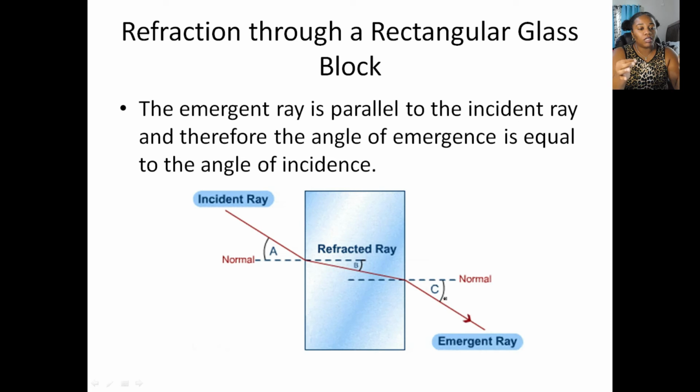The ray that is passing through the block and has refracted towards the normal is known as the refracted ray. And the ray that is now leaving the block is known as the emergent ray. Okay?